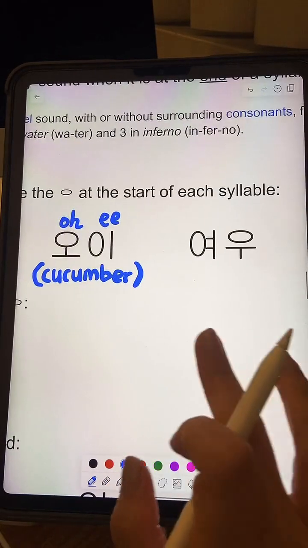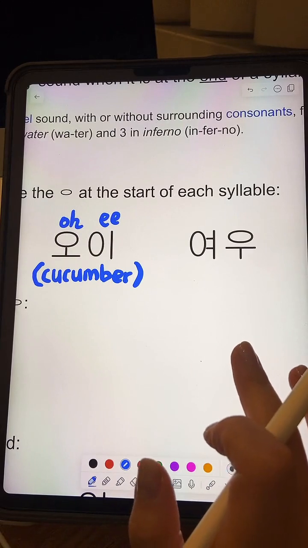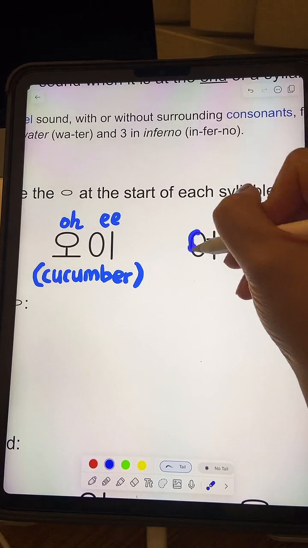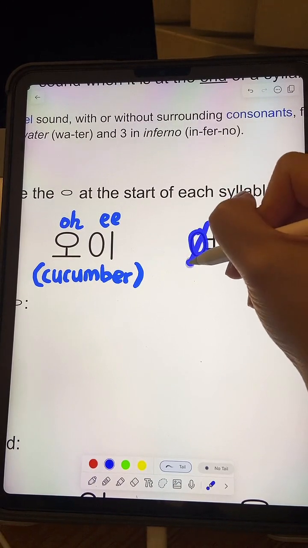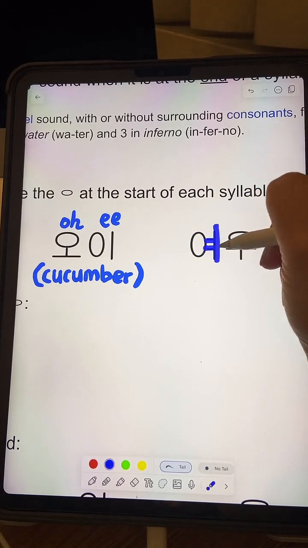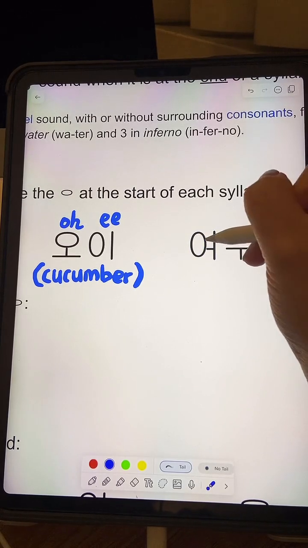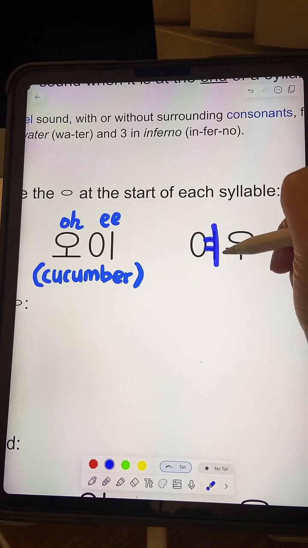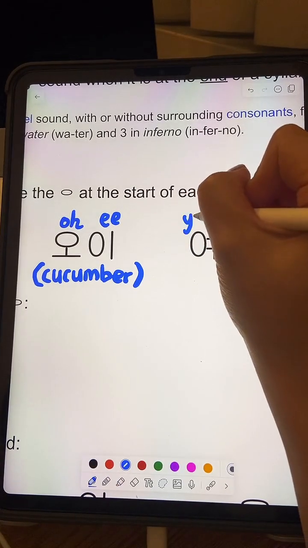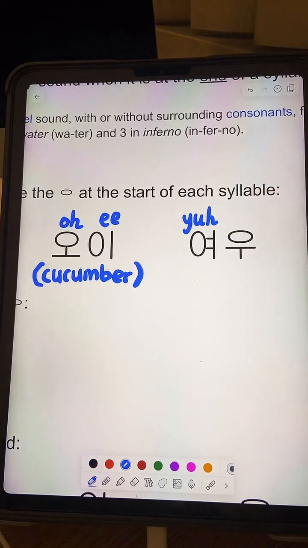And last one for this row. Good job. We have silent. Right? So kind of forget it. What's the vowel then? Just the vowel. It's the y. Y vowel. So we have y. Good job.